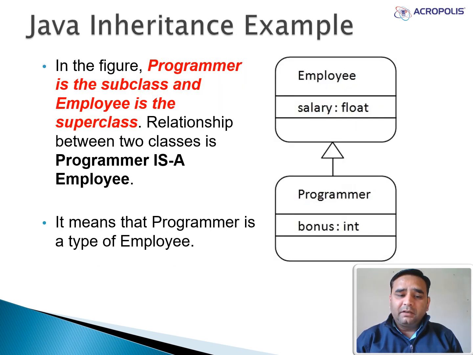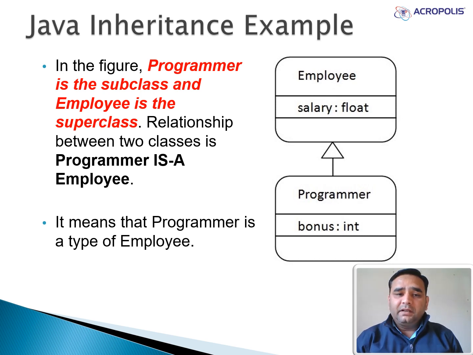This is an example of inheritance in Java. This is a simple example. Here we can see there is a class called employee, and another class called programmer. The employee class has a float type attribute called salary, and the programmer class has an attribute called bonus of integer type.